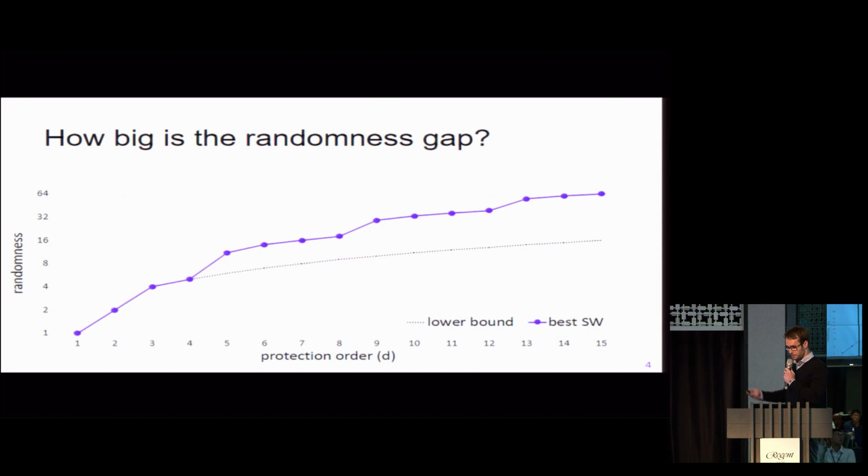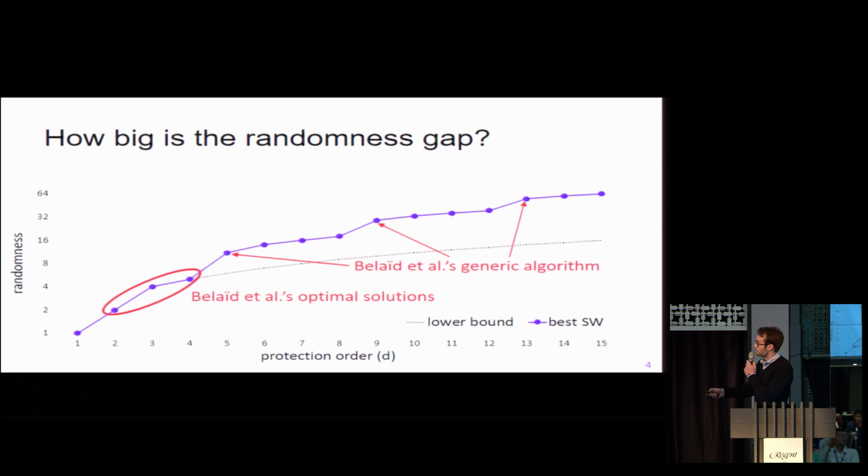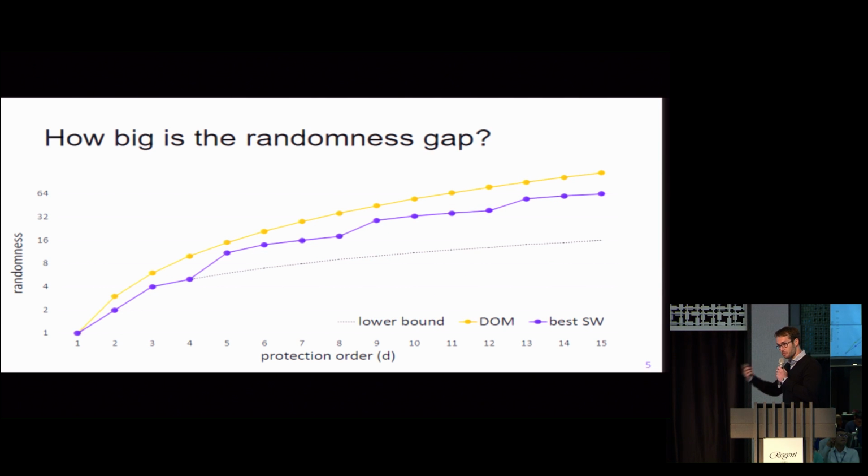And the best software solutions we have for masking are partially the solutions of Belaid et al. for the first 4 protection orders, and Barthe et al.'s generic algorithm and Belaid et al.'s generic algorithm. So how big is the gap now to hardware, so to the domain-oriented masking scheme? As you can see here, there's quite a gap. At some point, this gap even becomes as much as twice the amount as we have in software.